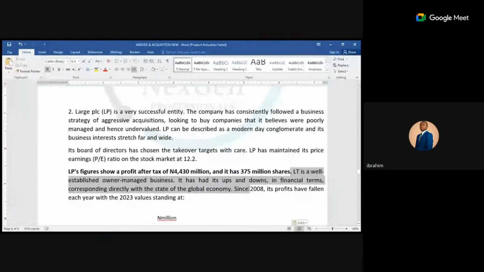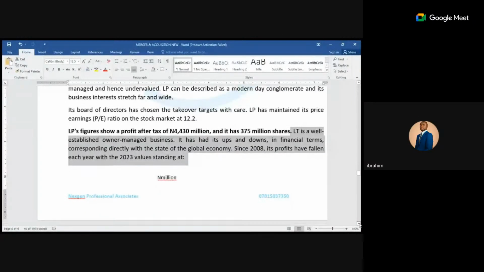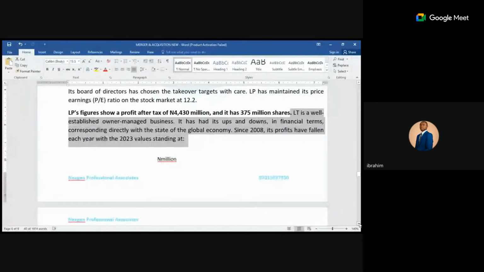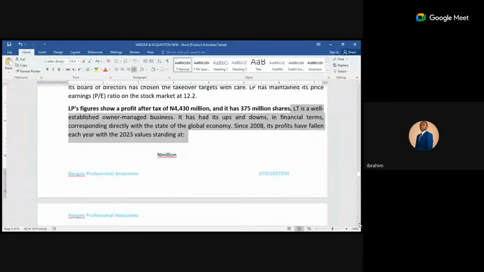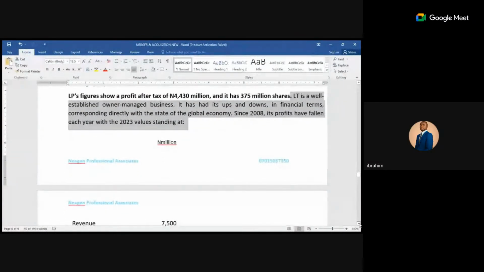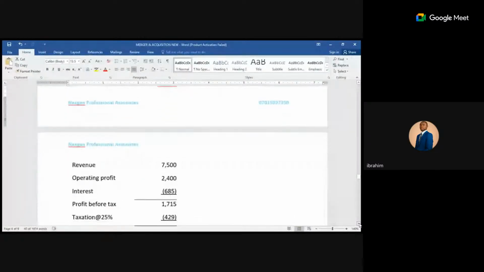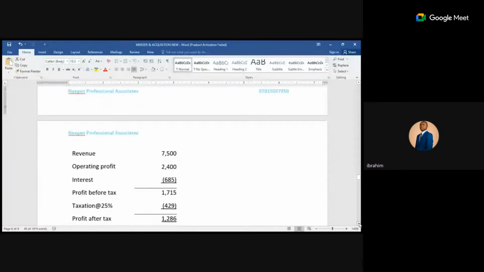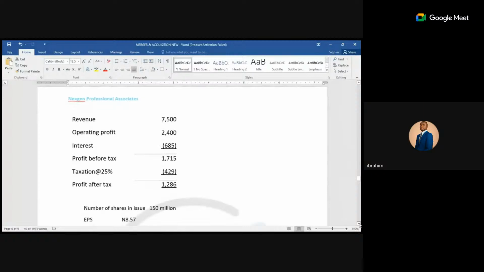Since 2008, its profits have fallen each year, with the 2023 value standing at, they give us the 2023 financial figures of LT. Can you see it? The income statements only.